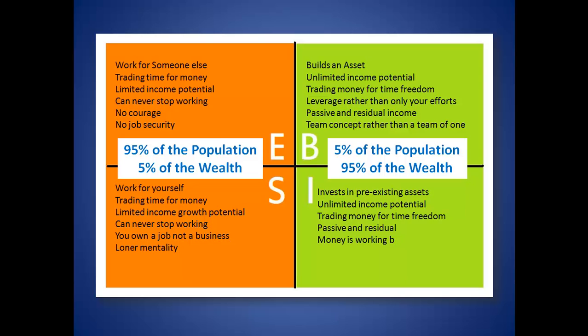Think about this. On the left-hand side is that entitlement mentality. On the right-hand side, what are you really doing? On the right-hand side, you're creating jobs rather than looking for a job. Right? As you're building your team, as you're building your asset, as you're building your business, you are literally creating jobs versus people on the left-hand quadrants are looking for jobs. So again, to me, it's a very simple decision.